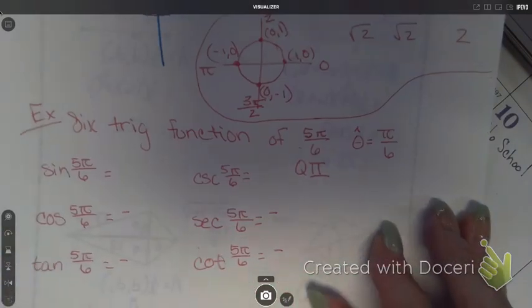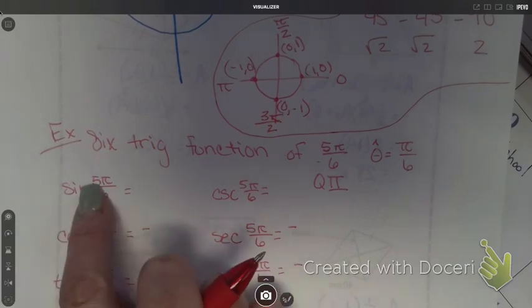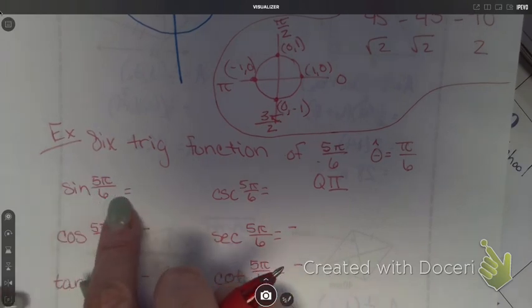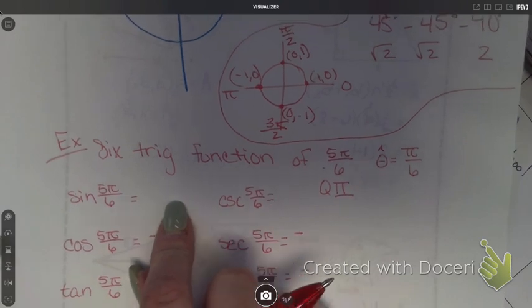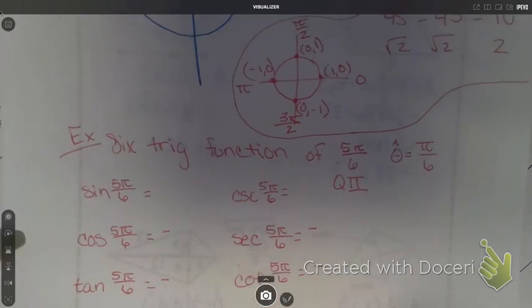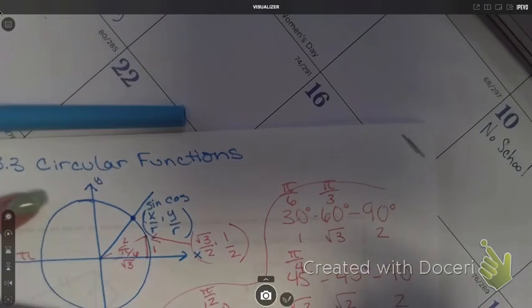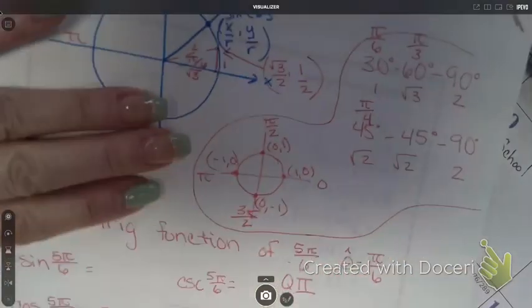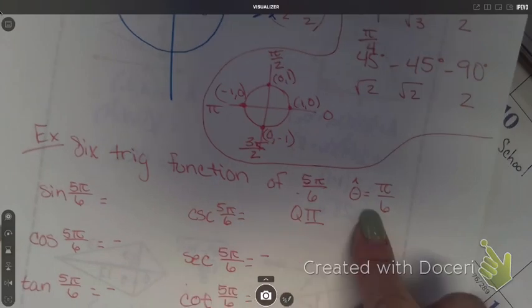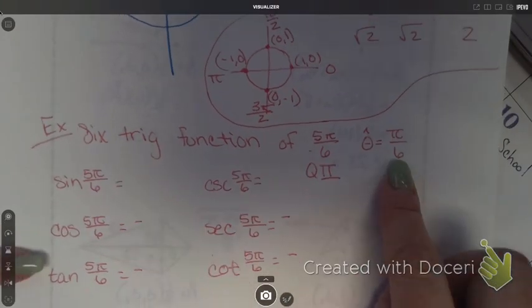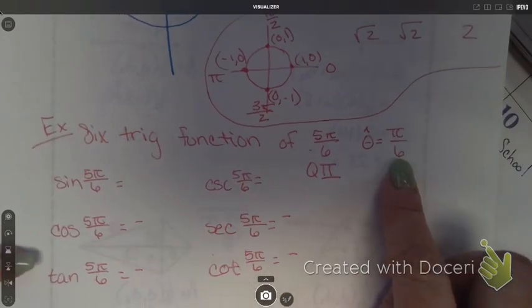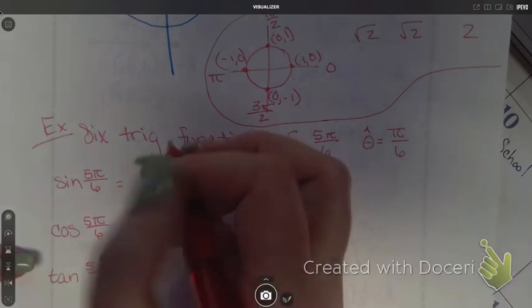Okay. So what is the sine of 5 pi over 6? Well, it's the same as the sine of pi over 6, which is what? Sine is opposite over hypotenuse, y over r. Of 30, what is opposite of 30? 1.